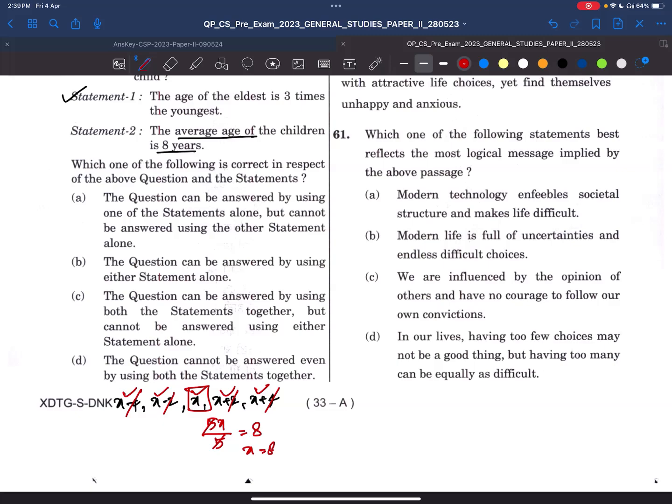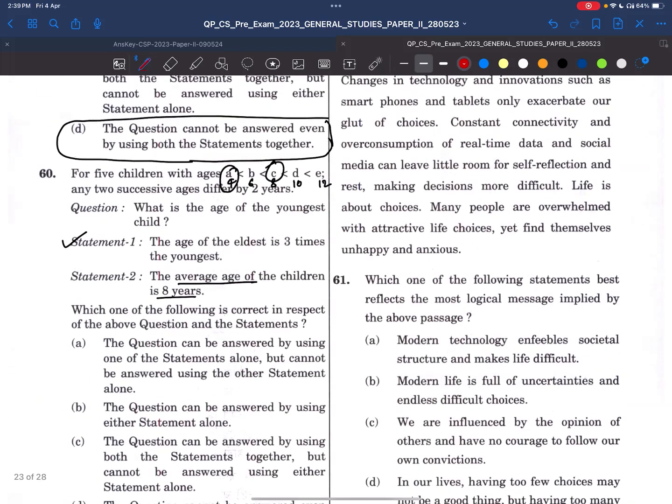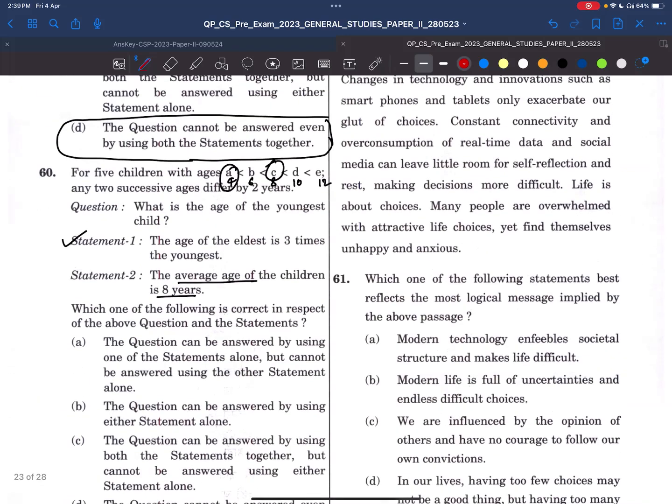X is what? The middle person's age, right? So when the middle person's age is 8, the next persons' ages will be 10 and 12. The youngest persons' ages will be 6 and 4. Yes, by using statement number 2 also, we are able to get the youngest person's value.